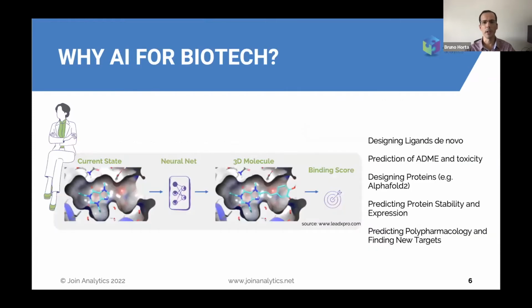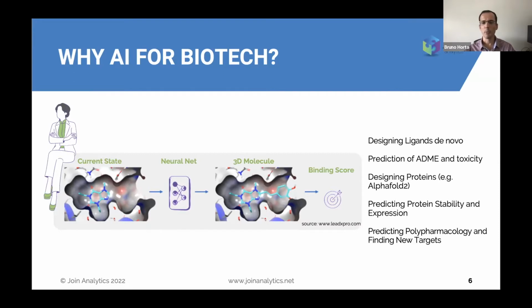And why AI for biotech? Biotech is one of the fields that is benefiting the most from AI. So for example, screening large compound databases and deriving knowledge that can be helpful for drug discovery applications, for drug design, for predicting the pharmacokinetic profile and toxicity of compounds, designing proteins, folding proteins, for example, with AlphaFold, starting from the primary sequence of a protein and being able to predict its 3-dimensional structure has been a major breakthrough.